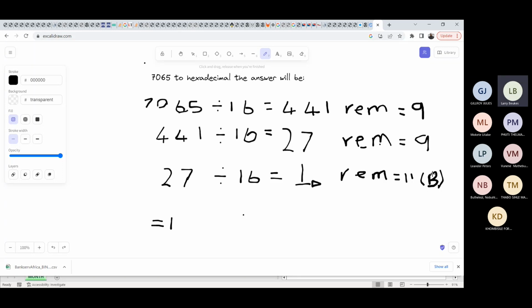Then you take all the remainders the way they are: 1, B, 9, 9. So what is this again? Yeah, 1B99 to the power, sorry, base 16, right? So this is the answer in hex.